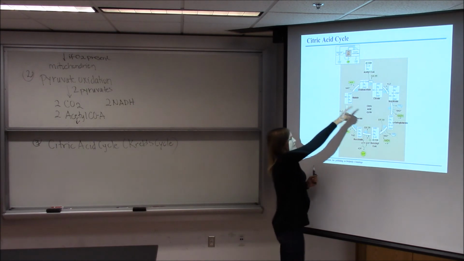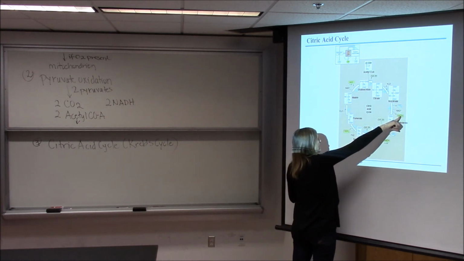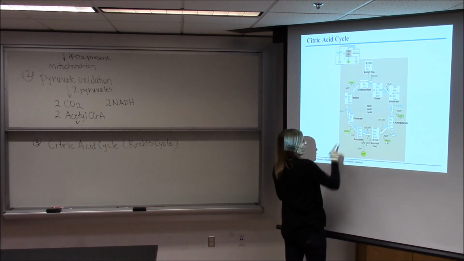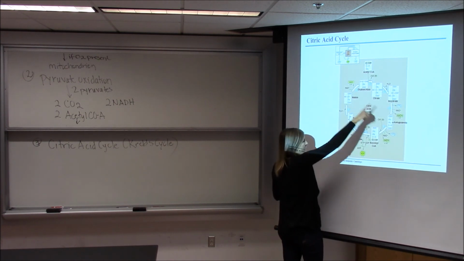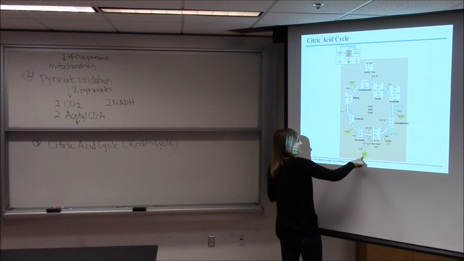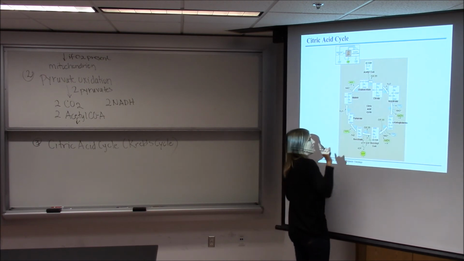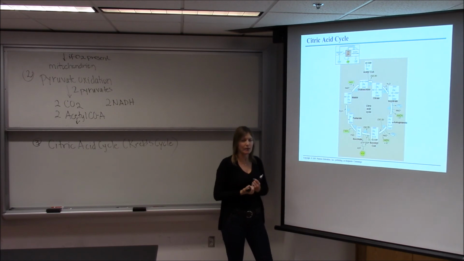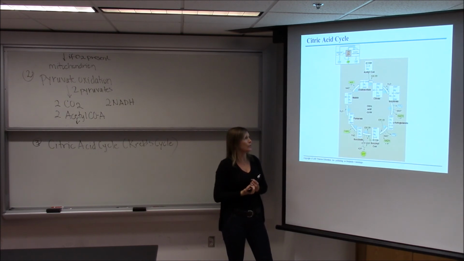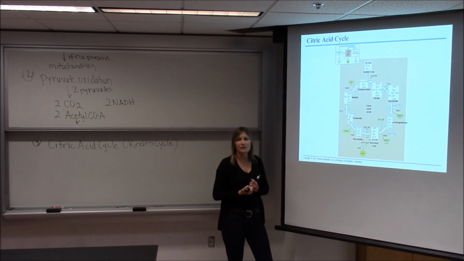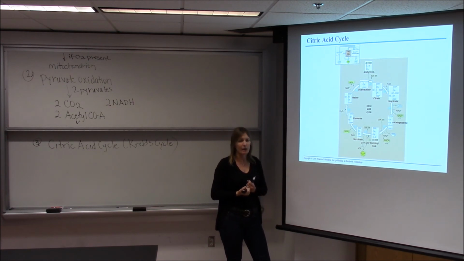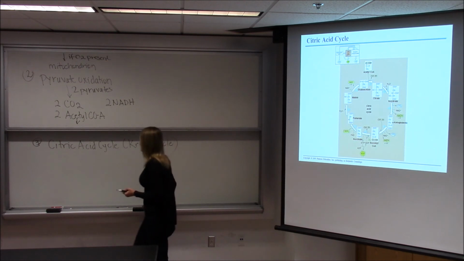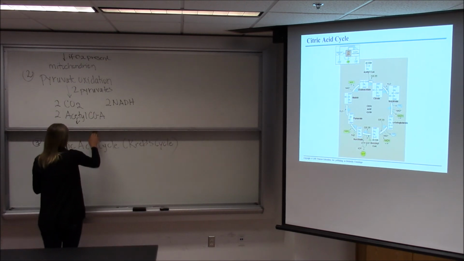You can see for each acetyl-CoA, we're going to make 1, 2, 3 NADH and 1 FADH2. And we're also going to generate 1 ATP. What's significant though is we complete the breakdown of glucose. When we finish the cycle, there is nothing left of glucose. It is completely gone. We have released it all as carbon dioxide and we have picked up those hydrogens.